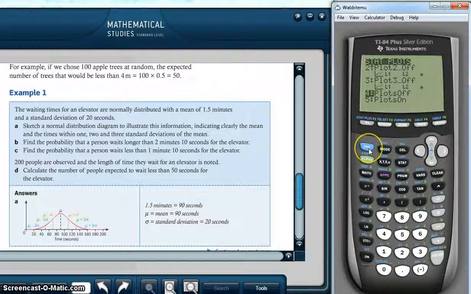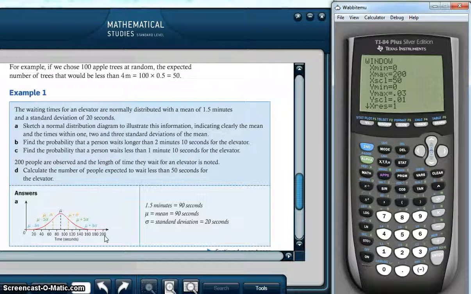All right. Now, what we need to do is set up the window that we want to look at. And remember, this is really just one-dimensional, right? We just have these values down here. This here is going to be very small. So for this particular problem, I have my window set up. The x scale goes from 0 to 200. I can add 3 standard deviations to my mean, see what value that is, and then go a little bit higher.